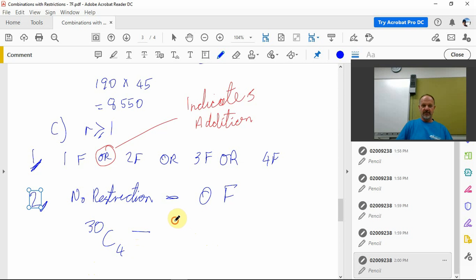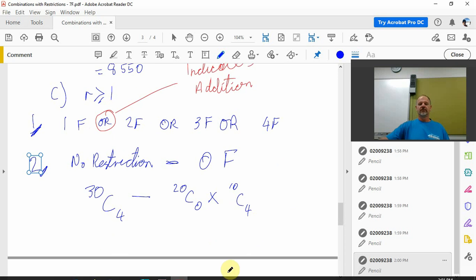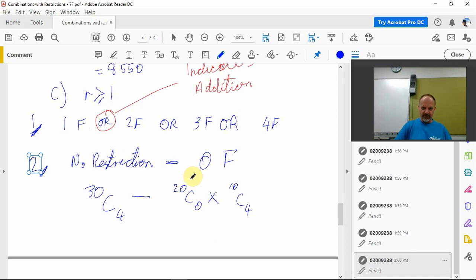So we've got 20 females and we're choosing none, times 10 males and we're choosing 4, because what we want is no females and 4 males to make up our committee. 30 choosing 4, we did that earlier, and that was 27405, minus 20C0, there's only one way of doing that, and 10C4, there's 210.